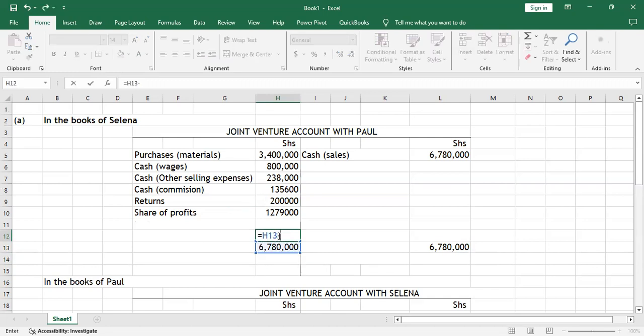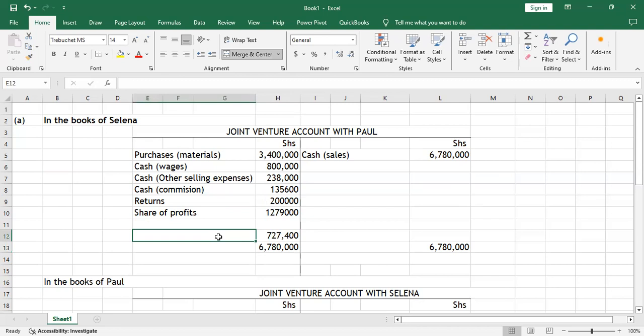So it's that minus the sum of all these. We are trying to come up with a balancing figure, and the balancing figure is 727,400. That is the balancing figure in this account.